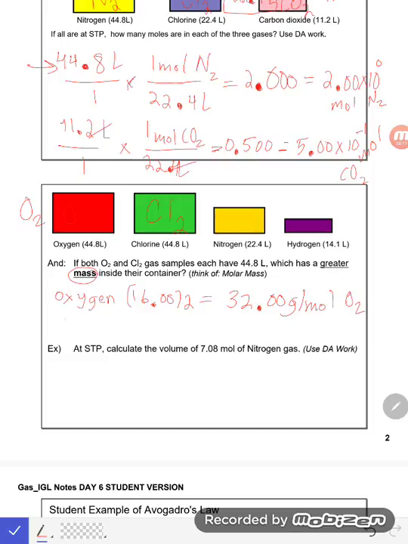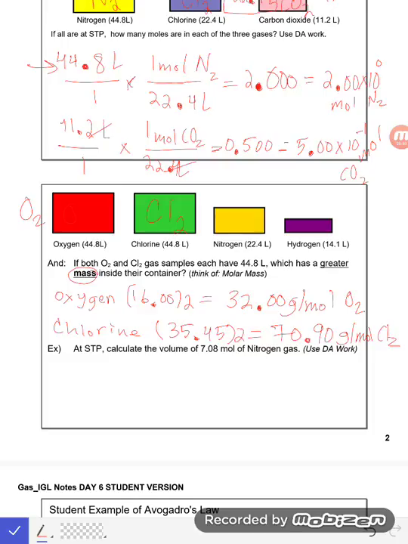And then for chlorine, 35.45 on the periodic table times 2, 70.90. So again, molar mass, the big thing here is just making sure that you keep in mind those diatomics.